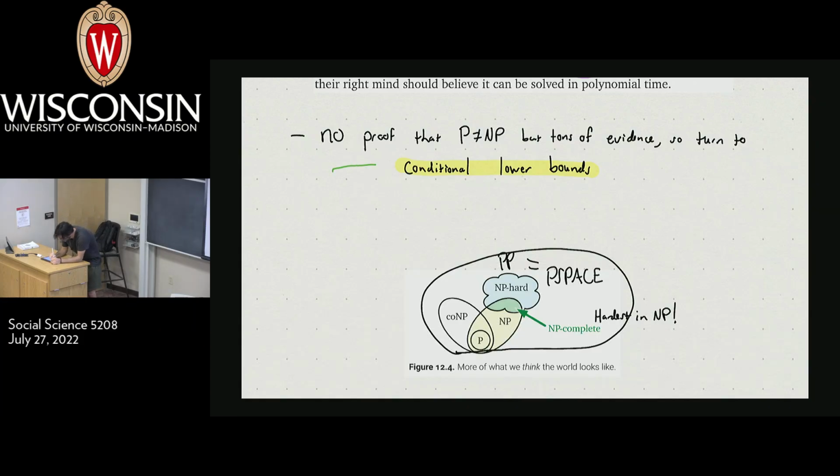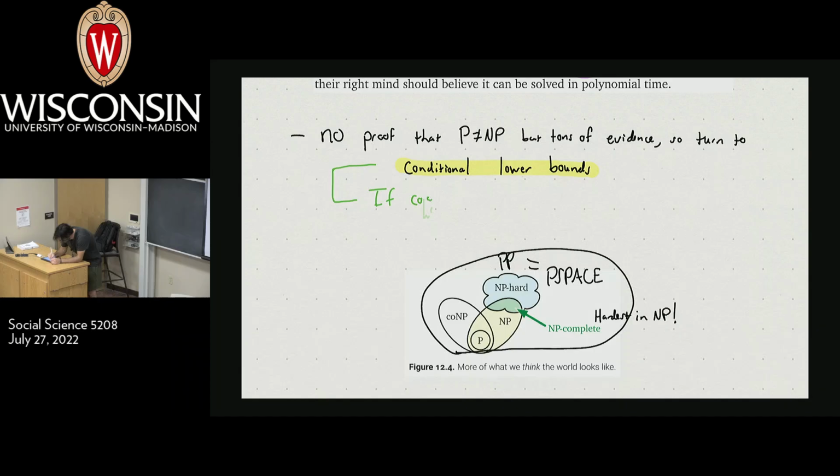So the condition here says if we could solve it, then we could solve pretty much everything. So it's unlikely solvable.